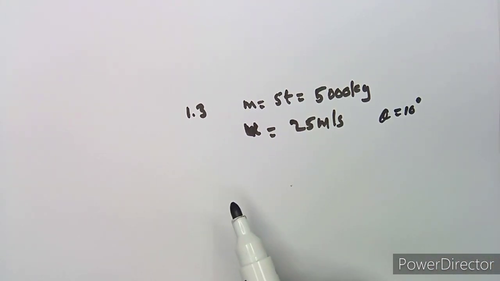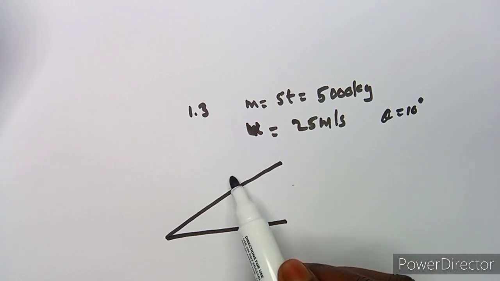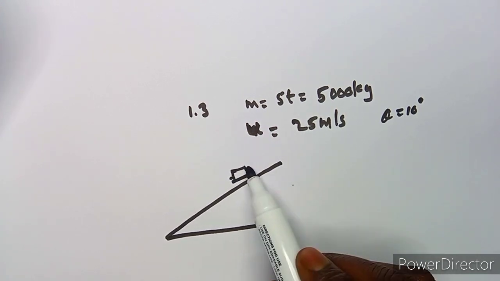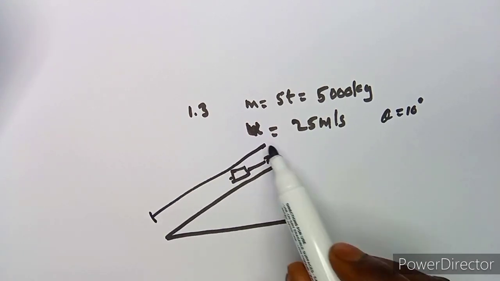Guys, we've got a lot of things that we need here because we've got something like this. This is the load that is going up the incline, with a mass. So this is what you want to calculate here.